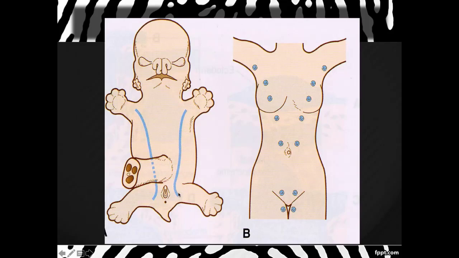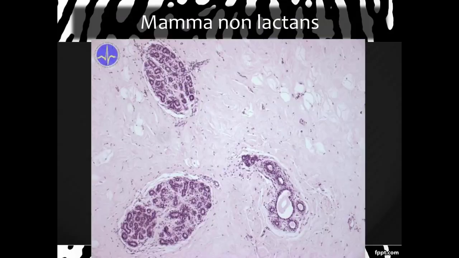So these are the mammary ridges, like that. And in humans, they are only in the thoracic area, but you can see that even the adult human can have some extra nipple in this area. It's just the variety, anatomical variety.